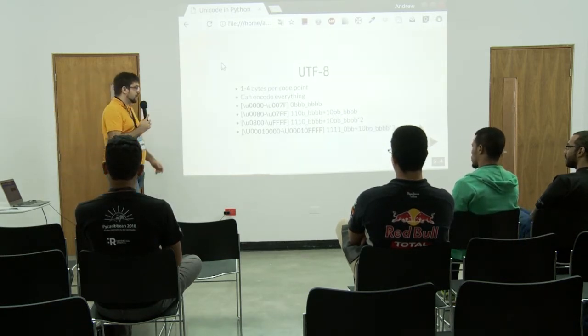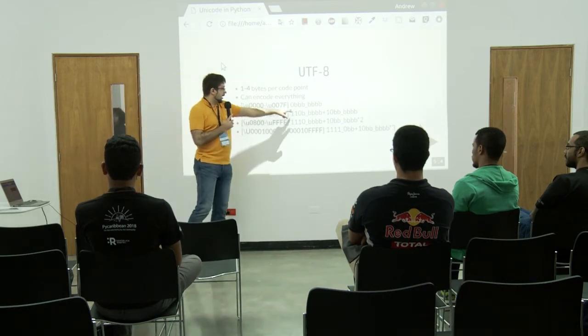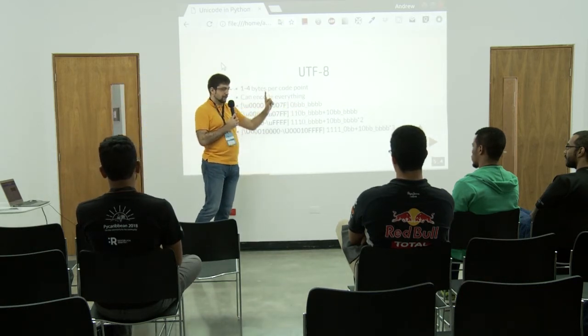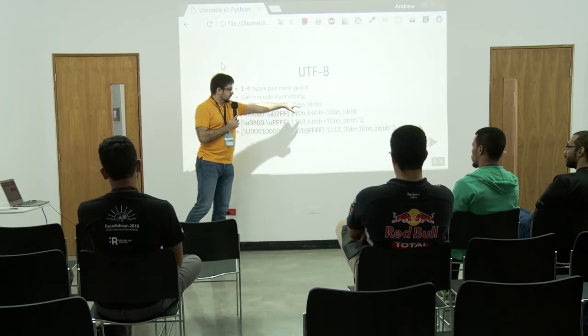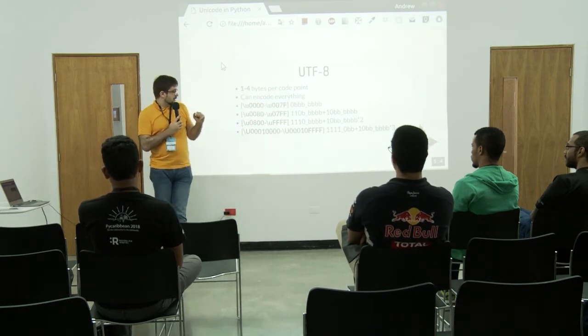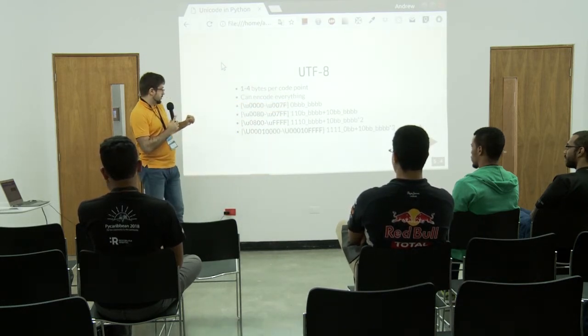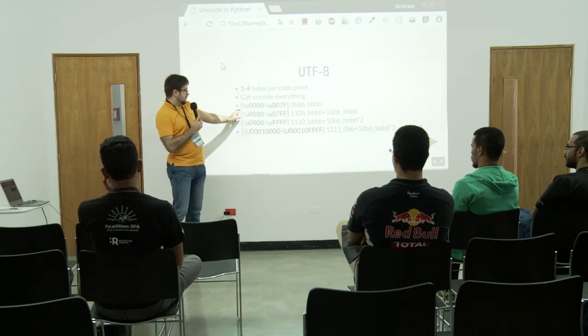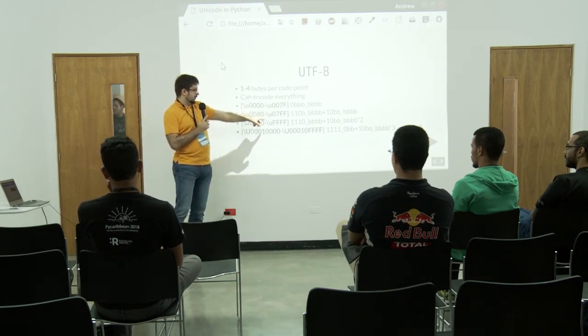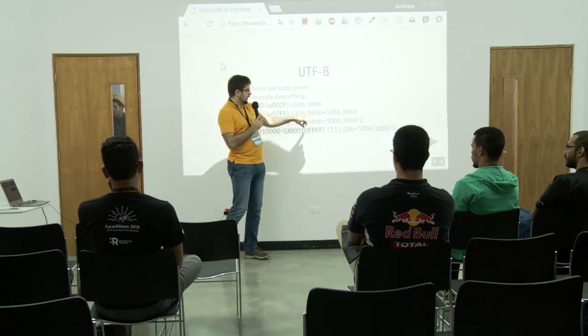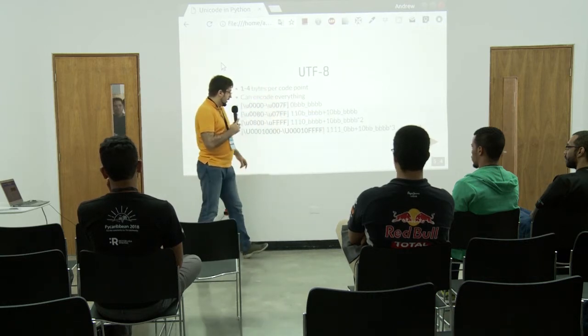So if a symbol contains only ASCII, 7 bits, it's saved as 1 byte. But for Russian, UTF-8 uses 2 bytes, with a first byte and a second byte. And so on.